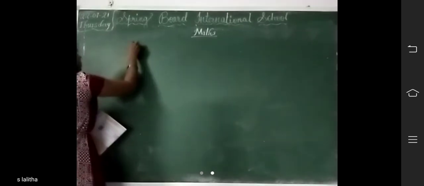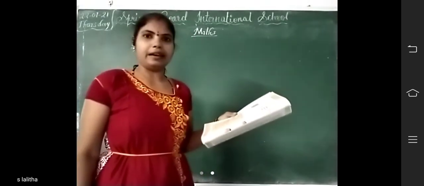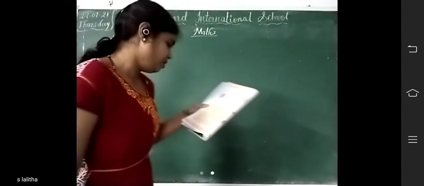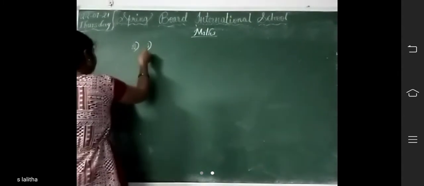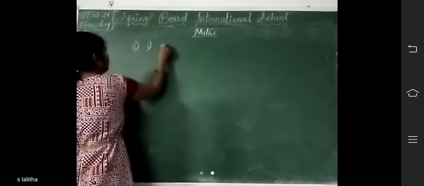Classify the following numbers as rational or irrational. Second Roman numeral: classify the following numbers as rational or irrational. What is the first one? 5 minus root 3.